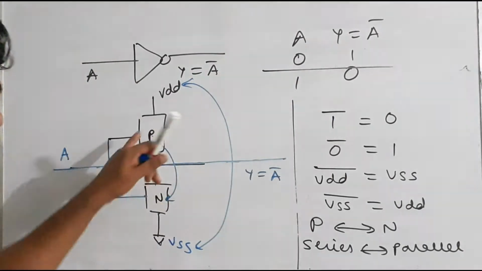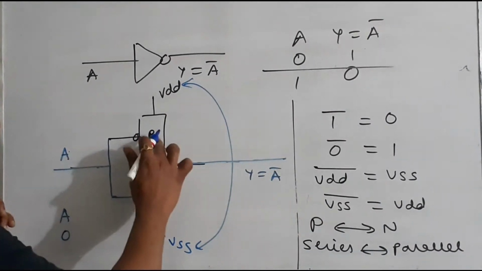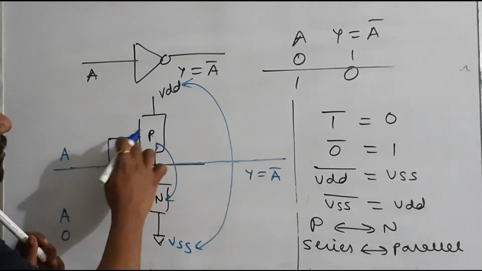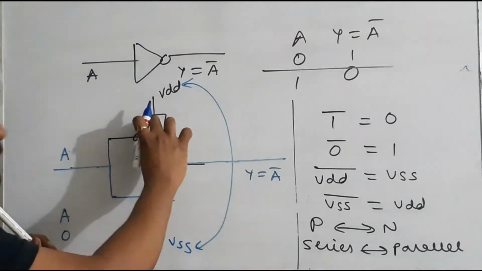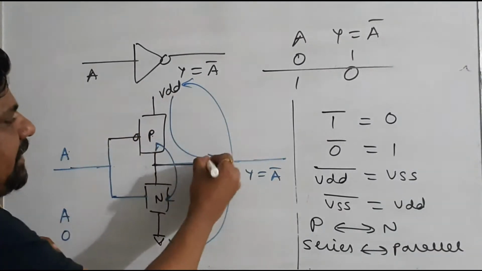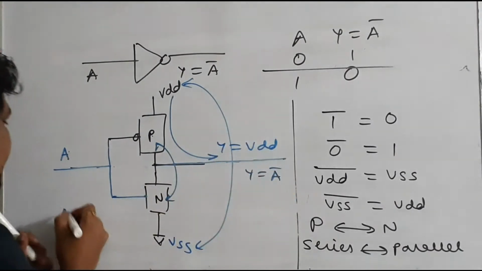Isn't it? So whatever this PMOS is there, whenever A is equal to 0, PMOS will pass strong 1. So whenever A equal to 0, this gate potential is equal to 0. Due to that, P switch will be turned on and it is used to pass a strong 1. So I am getting strong 1 here. So Y is equal to VDD whenever A is equal to 0.